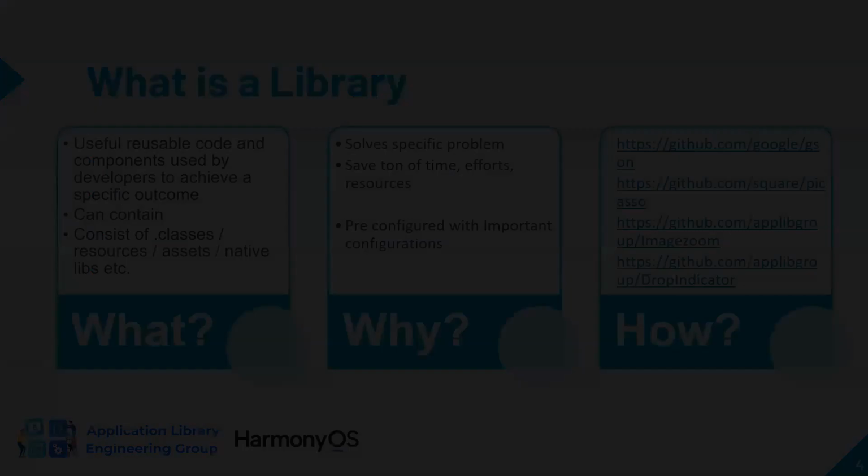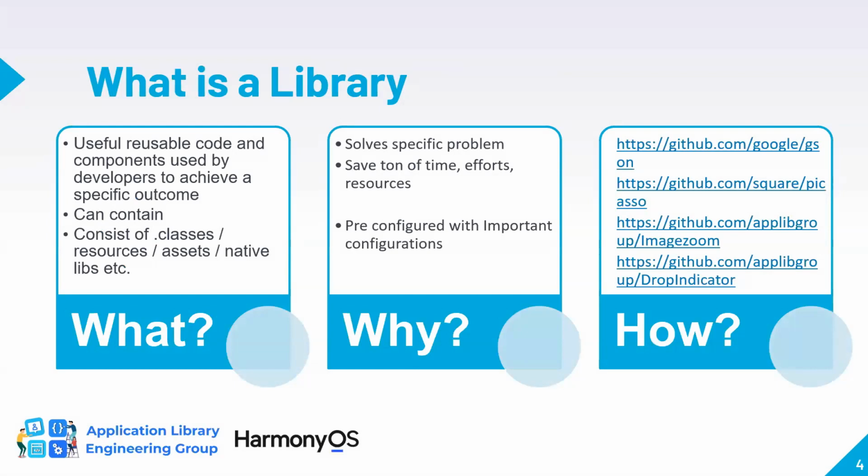So let's start. When you ask what a library is, we can relate it to a real world example, just like our college libraries. Books have content which is already written by someone, and you just refer to it to fulfill your purpose. For example, you need not do all the research from scratch.